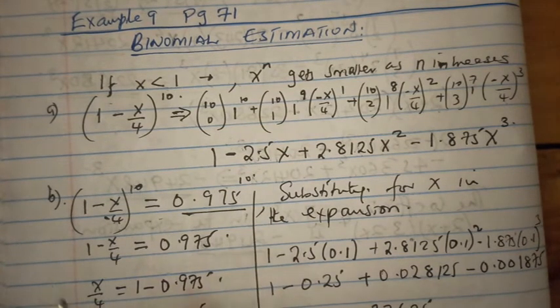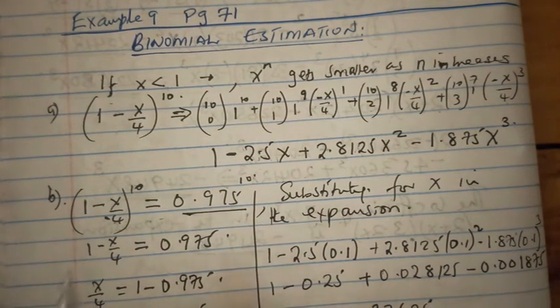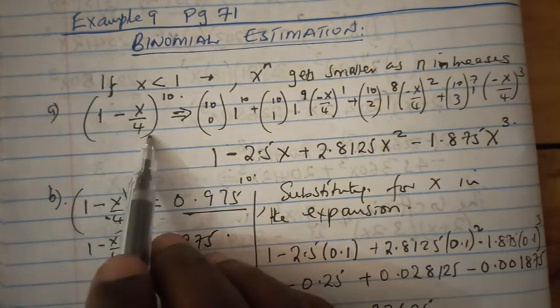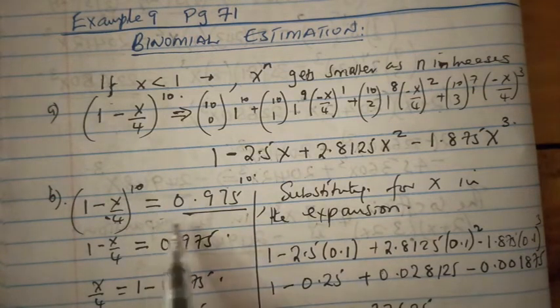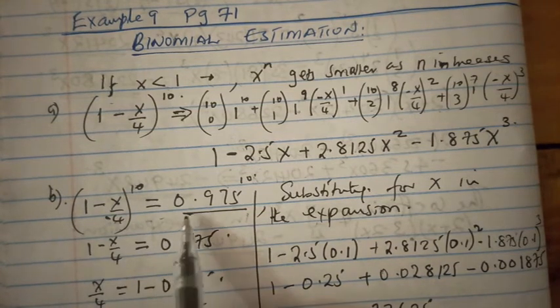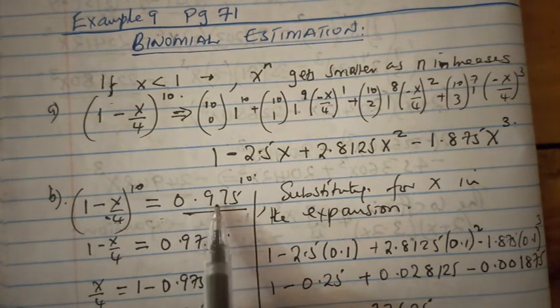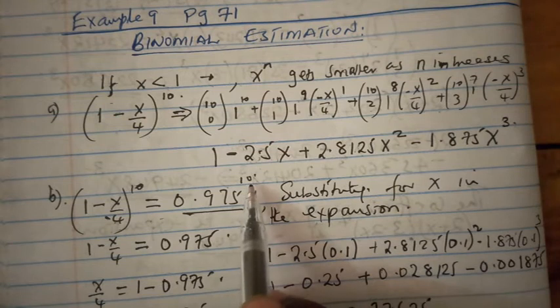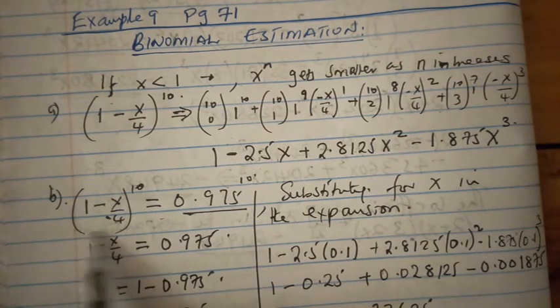What we need to do is compare the original expression: 1 minus x over 4 raised to power 10 is equal to 0.975 raised to power 10, because this is what we have expanded.